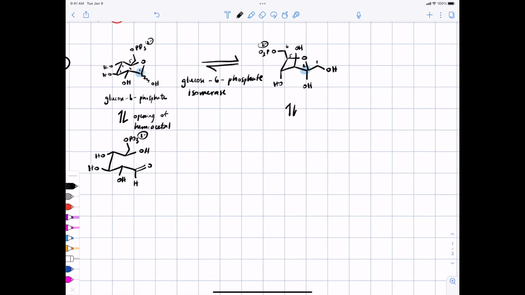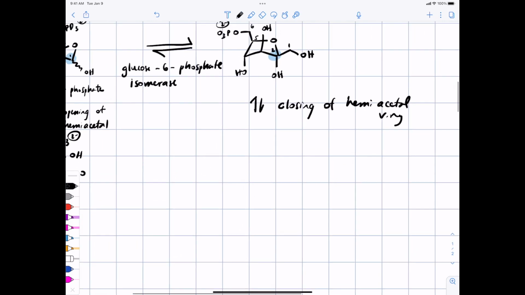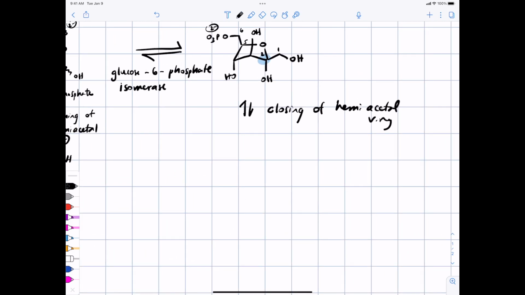I'm also not going to show closing of the hemiacetal ring or forming of the hemiacetal ring for fructose because again, you ought to be able to do that based on things that we've done before.